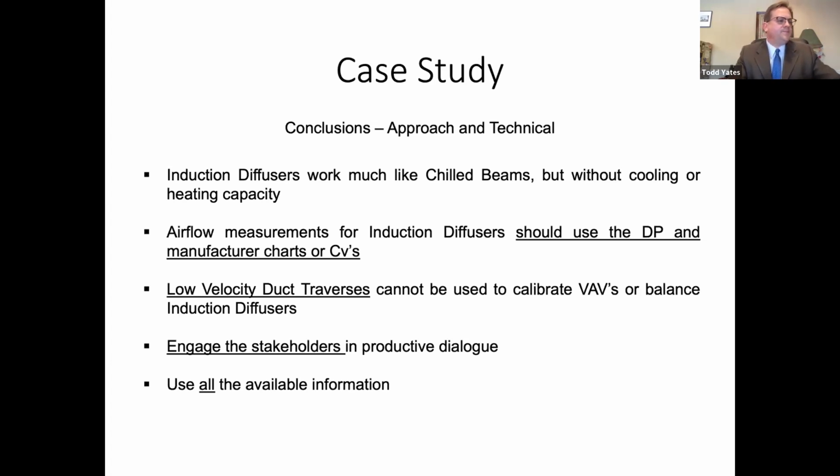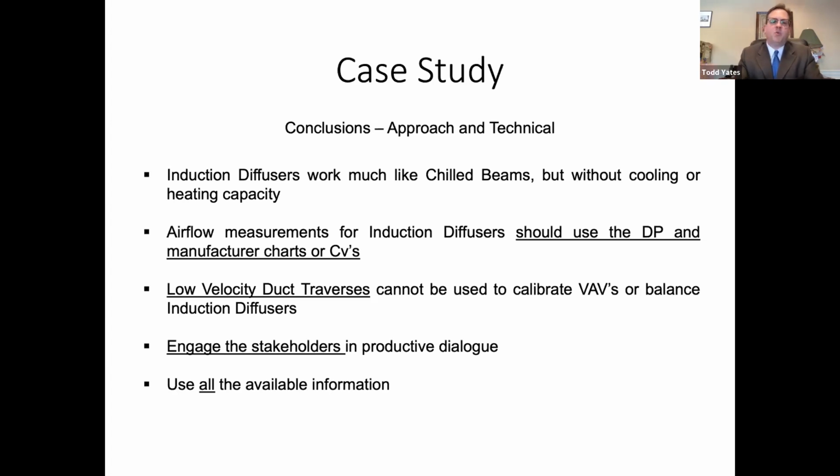But let me flip and just grab that chart so I can say. If you go back to the submittal on these devices for the airflow ranges that they were supposed to provide primary air for, the lowest DP at the induction diffuser was 0.09, and the highest was about 0.296.